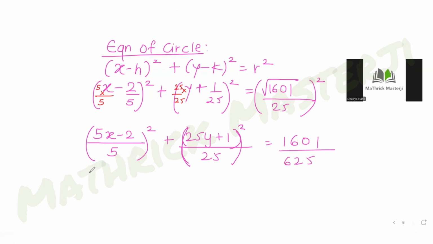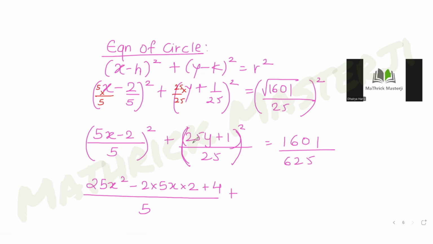So that's the idea. If I expand it, I get this as (a minus b) the whole square, so that is a square minus 2ab. So a square is 25x square, minus 2ab, so 2 into 5x into 2, plus b square, which is 2 square, which is 4. The whole thing is divided by 25.